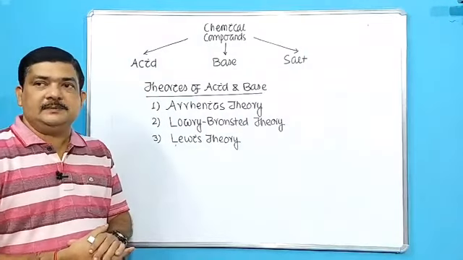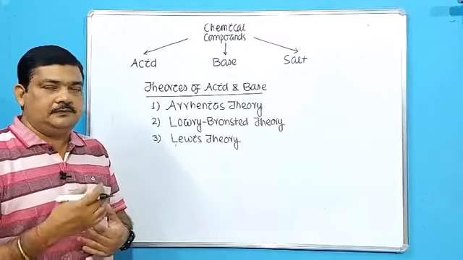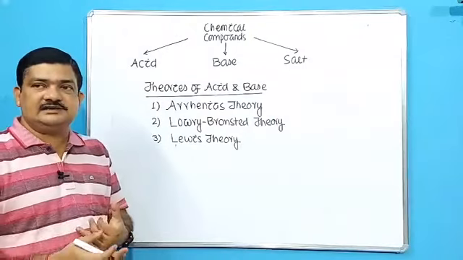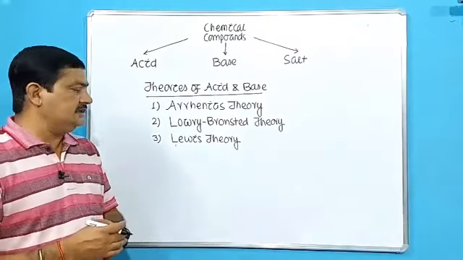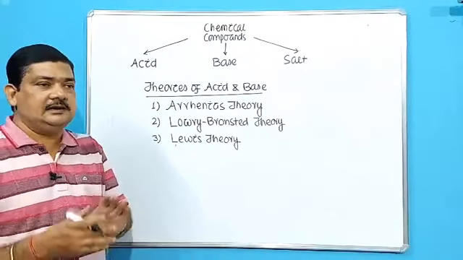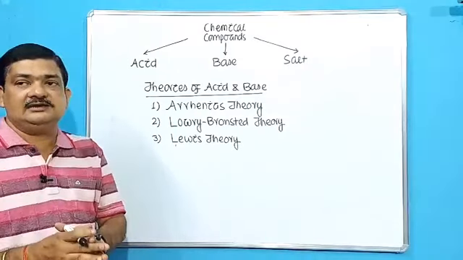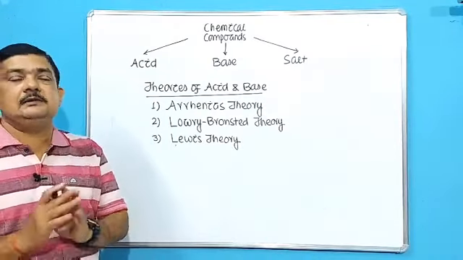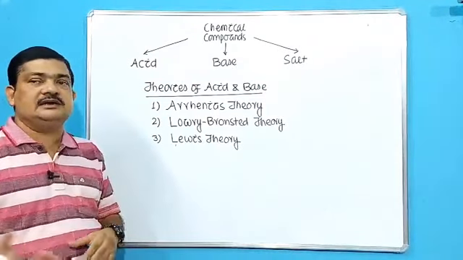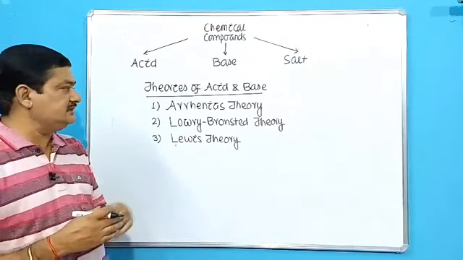They define acids and bases differently, but in your first year we will discuss all of them: what is an Arrhenius acid or base, a Lowry-Bronsted acid or base, and a Lewis acid or base. So do not go into complication. These theories we will discuss in the chemical equilibrium part in your first year, later on.